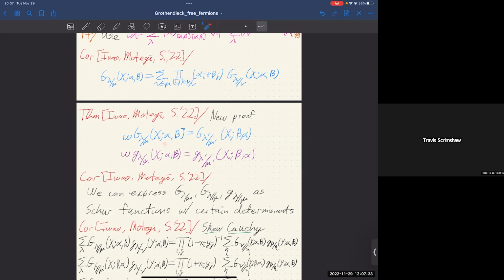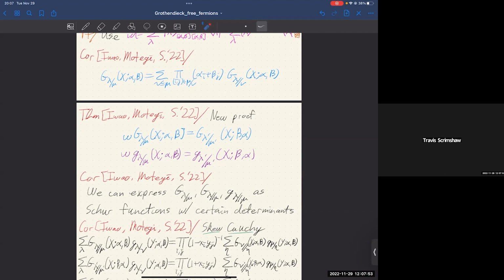The alpha was the weak, the beta was the regular, and the weak was defined by omega, so we should basically swap them. And then the same thing for the dual case as well.